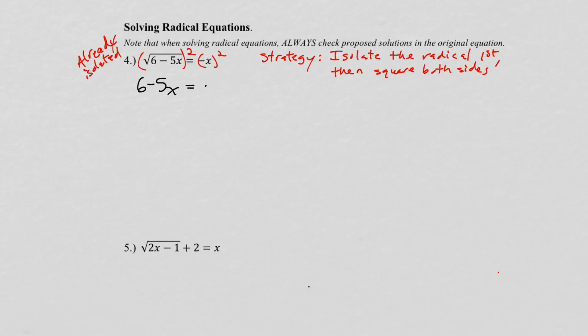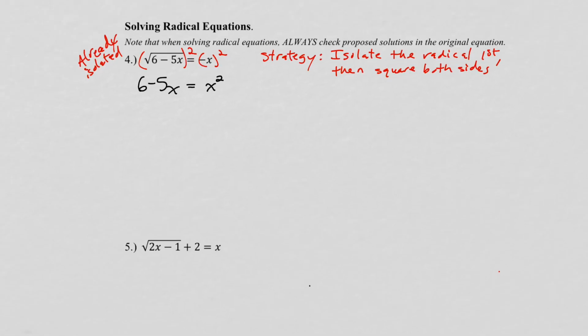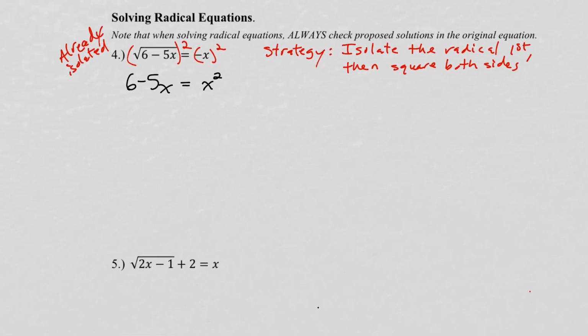So negative x squared is positive x squared. Then we want to go ahead and get these quadratics in standard form, okay? So if you remember, standard form is ax squared plus bx plus c equals 0. So we got to get 0 on one side.